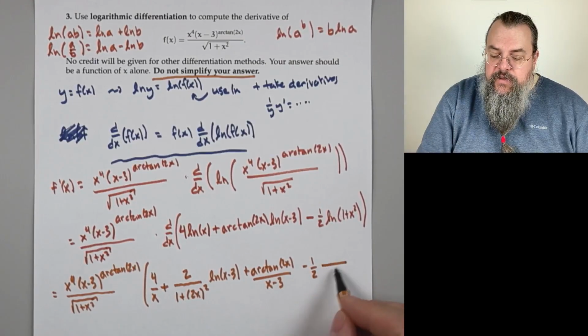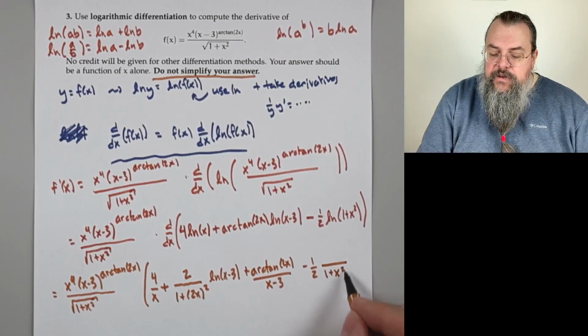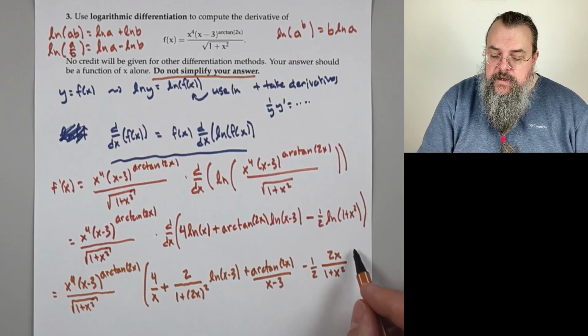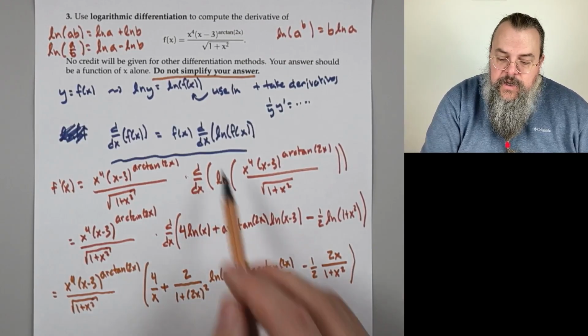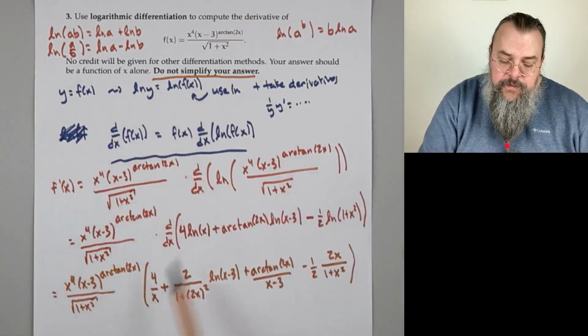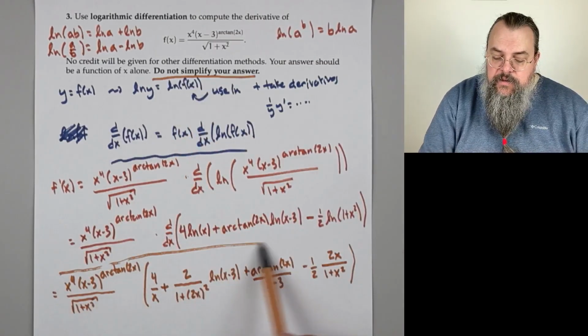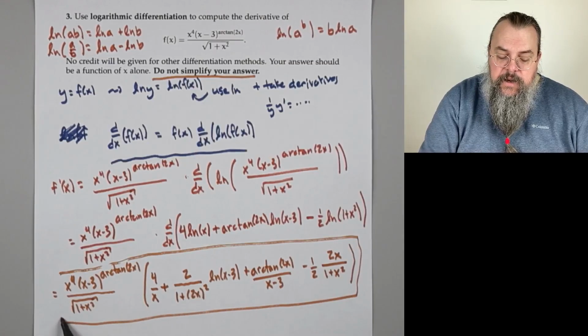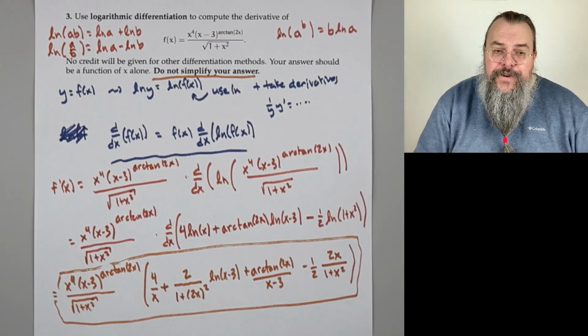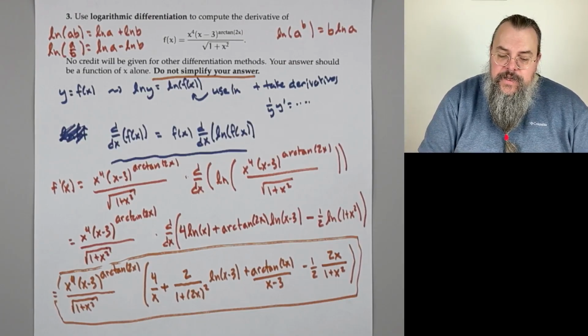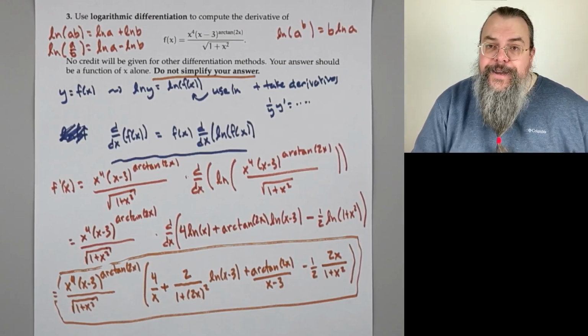So there's a 1 plus x squared. And the derivative of 1 plus x squared is 2x. And then we're done. Do we simplify? No. It tells us, don't simplify. So we're not going to do anything like cancel some 2's or anything like that. That would be simplifying. And so there we go, our derivative in all its splendiferous glory.